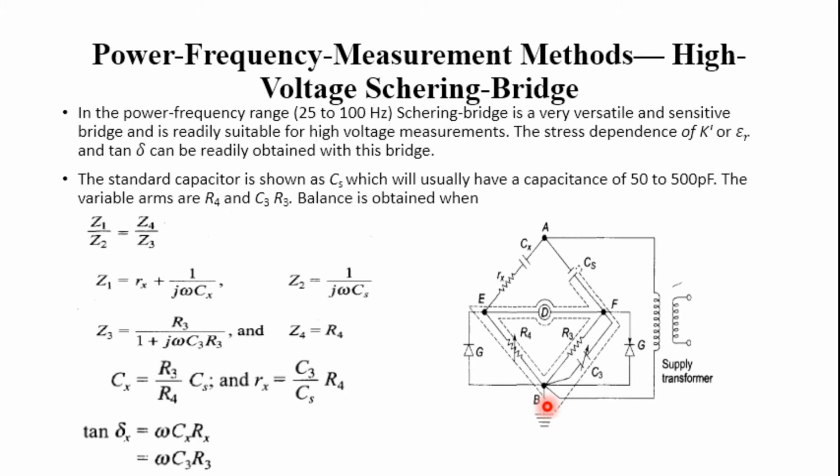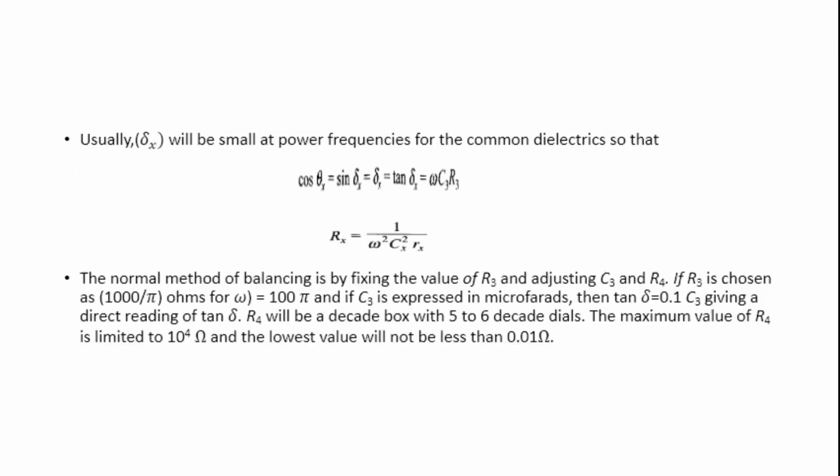Compensation for the stray capacitance is also given by providing an RL circuit across the R4 values. This is the general arrangement for the measurement. The Cx value and tan delta, the loss angle, at small power frequencies for the common dielectric materials, is tan delta x equal to omega C3 R3, and Rx can be written as 1 by omega squared Cx and the Rx value.